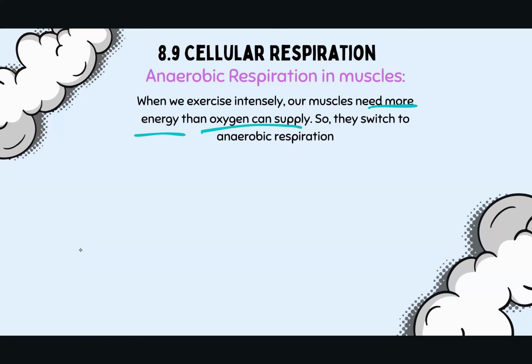When aerobic respiration occurs, lots of energy is released. However, if a person is really working out intensely, they get to a point where the oxygen gets used up, or there's not enough oxygen that can be supplied to the muscles. So they start using anaerobic respiration instead.